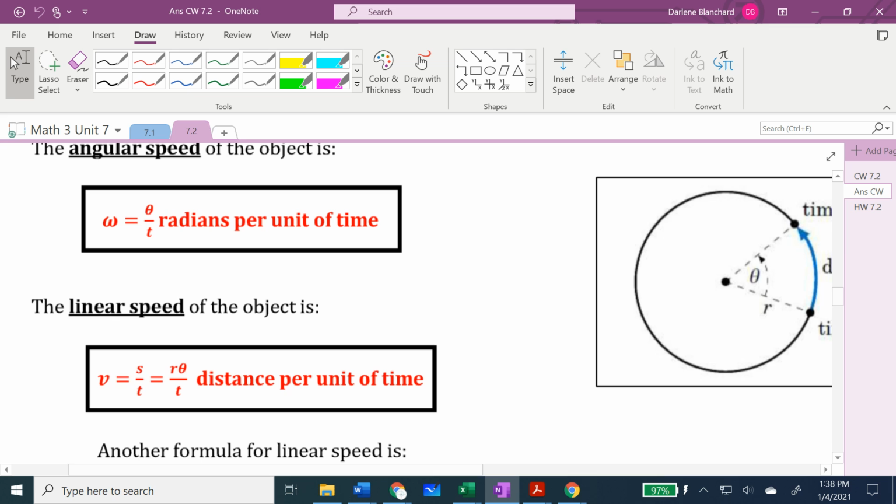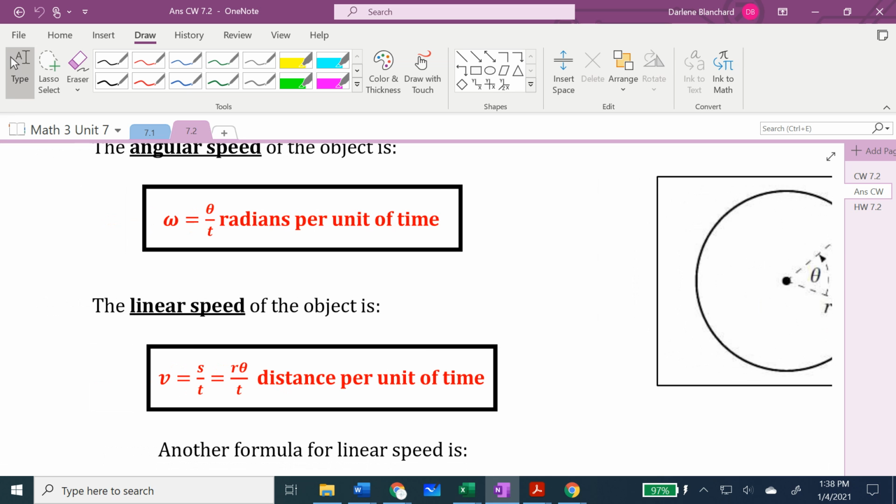So over here in the answers, the first formula is showing arc length divided by time. Often we use the letter S for arc length.